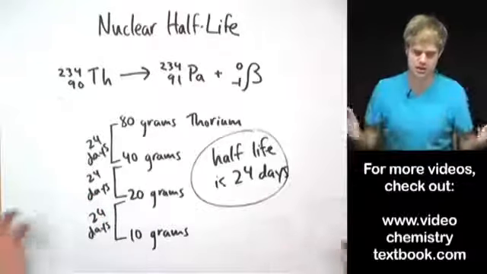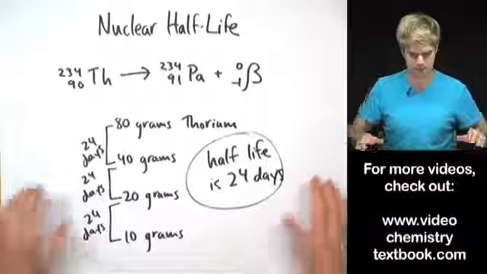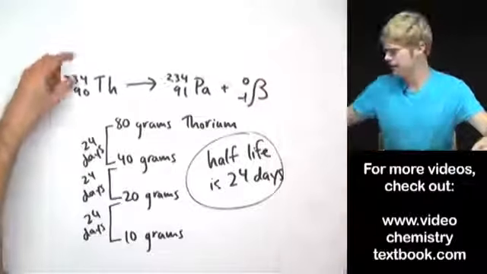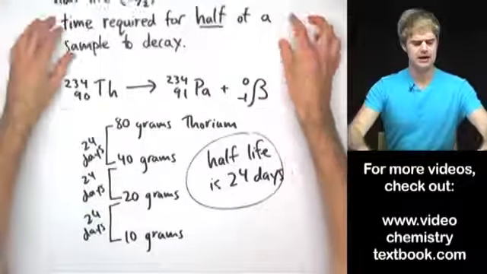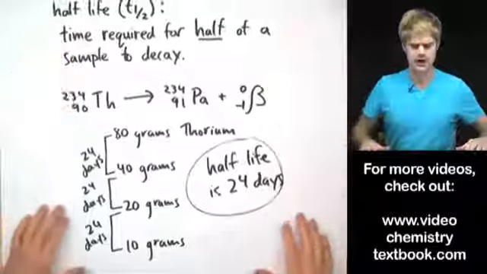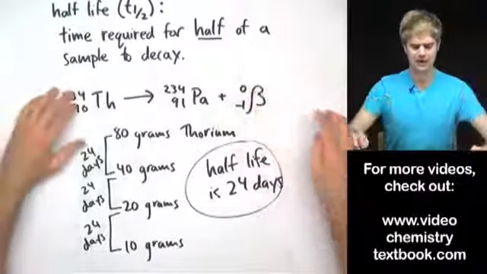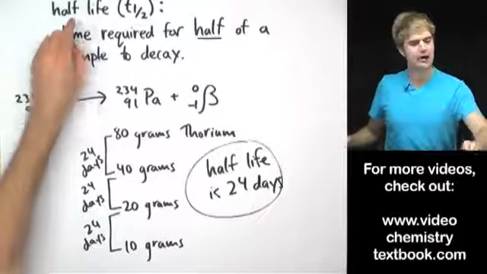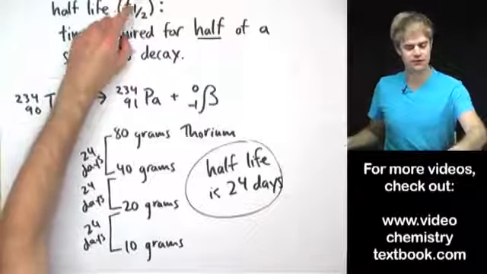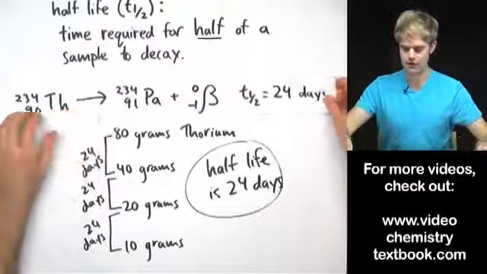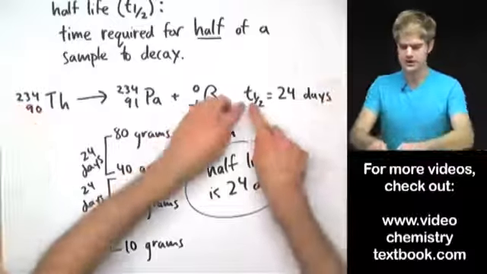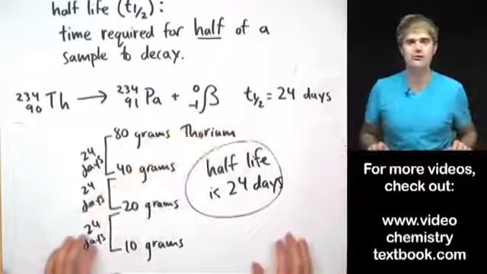Sometimes I think it's easier to think about it that way. Okay, so anyway, we say that half-life is the time required for half of a sample to decay. And we often abbreviate half-life with a lowercase t with a subscript 1/2. So I can write here that the t1/2 for this is 24 days.